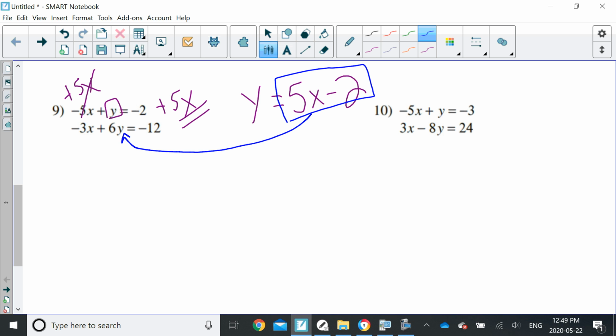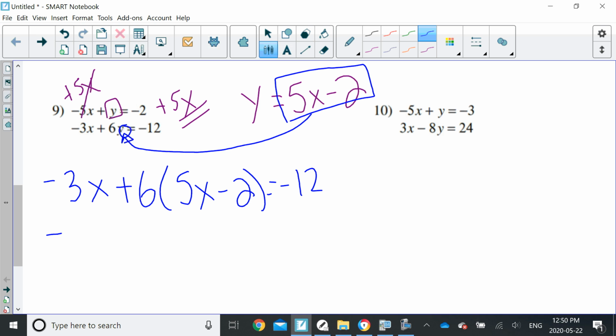It goes into always the other system. You solve for one of the letters in one of the systems. In this case, I solved the letter y in the first system. I have to plug that into the second system. So negative 3x plus 6, y comes out, and 5x minus 2 goes in, and that's equal to negative 12.